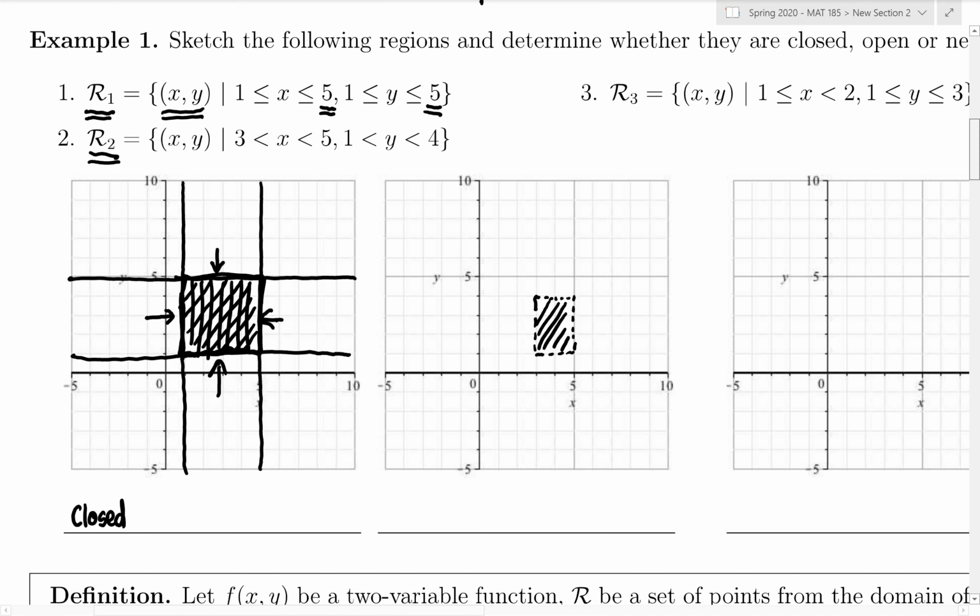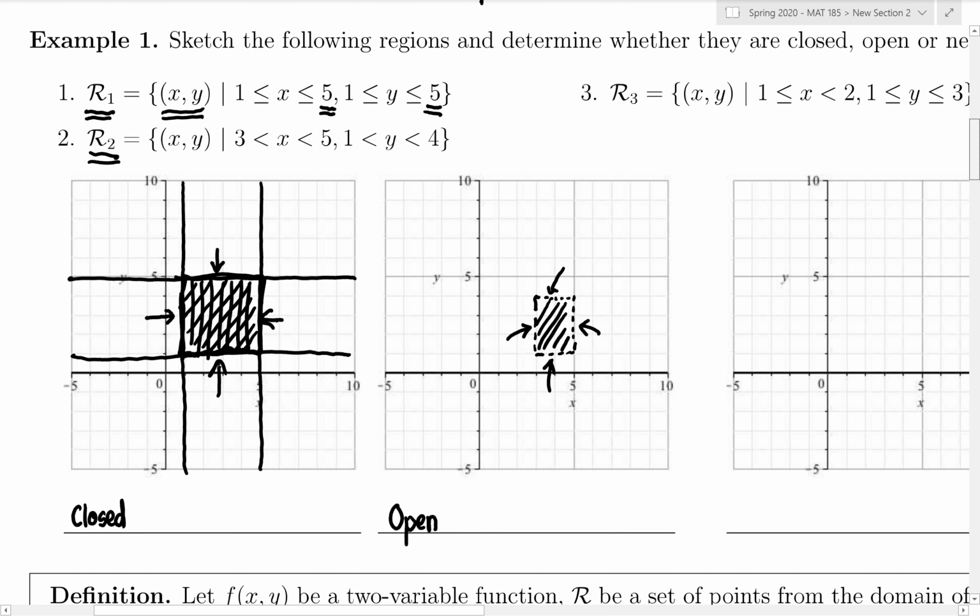This is our region in question. Now the question is, does it include any of its boundary points? The boundaries are that one, that one, that one, and that one. Does this region include any of its boundary points? The answer is no, because on all of the boundaries we have a dotted line. Since it does not include any of its boundary points, the region in question is going to be open.